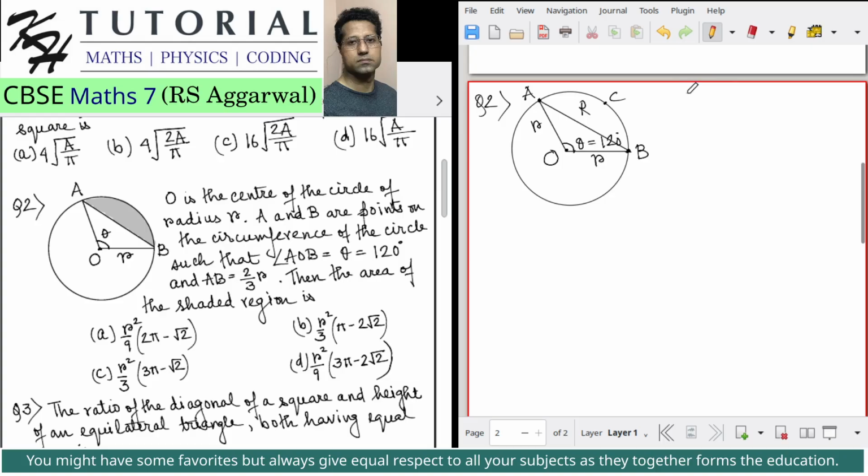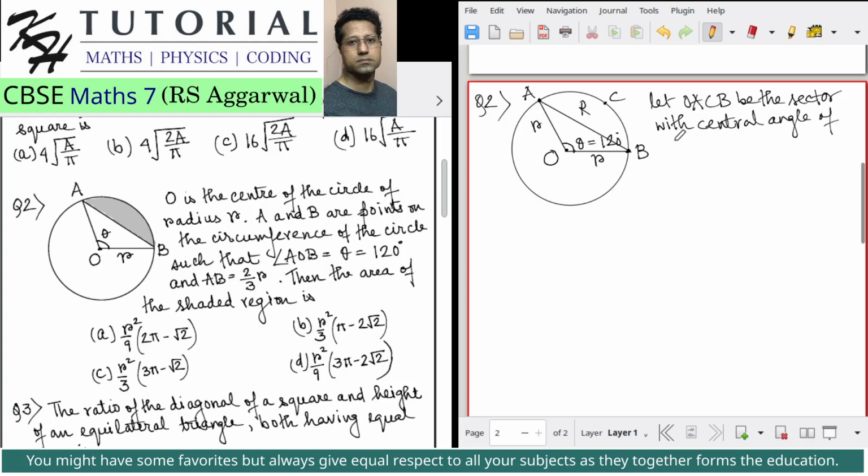Okay, now let OACB be the sector with central angle. Central angle means, for a sector, the angle that the arc makes at the center of the circle is known as the central angle.